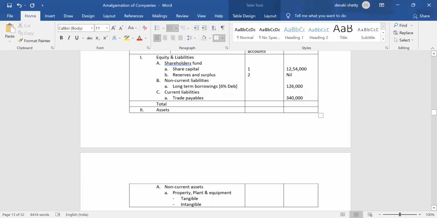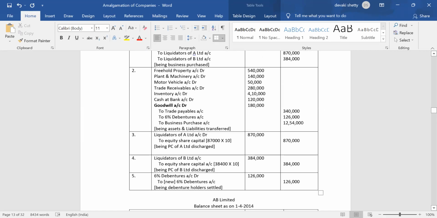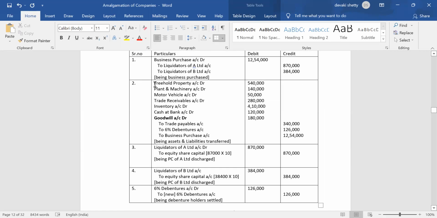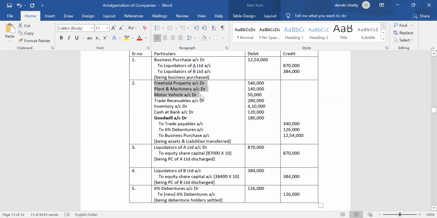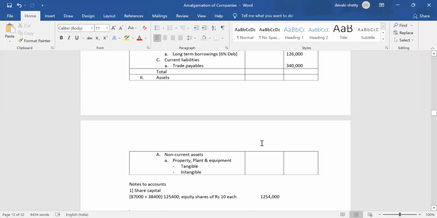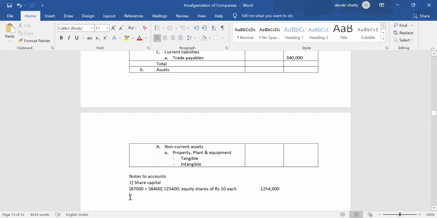So let us see tangible में क्या है. Tangible में we have freehold premise, plant and machinery and motor vehicle. Amount is there 540, 140 and 50,000. Next one, tangible assets.